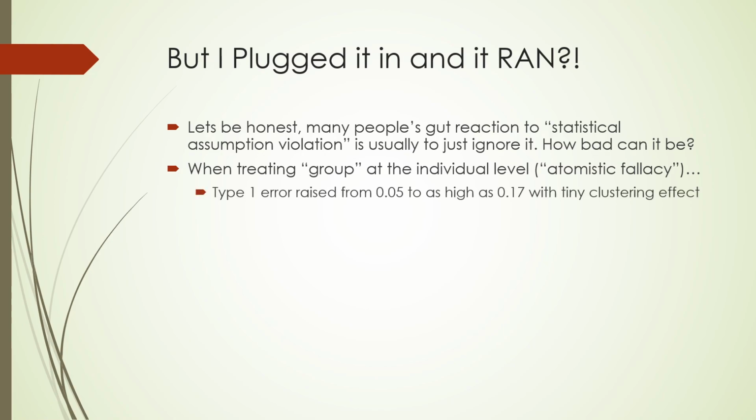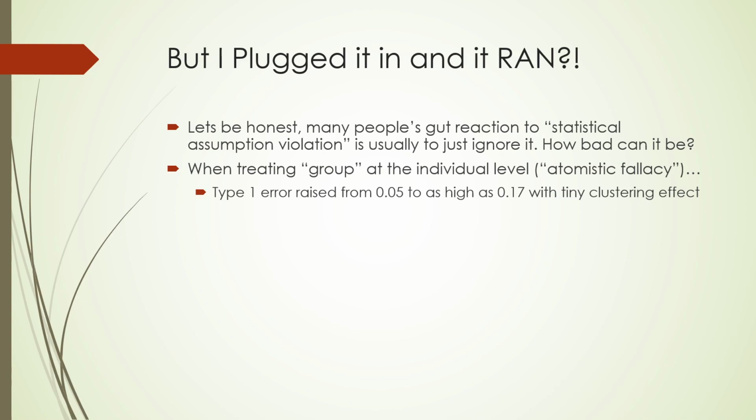Here, the type 1 error rate can be raised from 0.05 to as high as 0.17 with a relatively small clustering effect. So what does this mean? This means that when I'm comparing to my 0.05 cutoff, and I think that I'm only making an error 5% of the time, actually, even comparing to that 0.05 cutoff, it turns out I'm making an error 17% of the time, even if the cluster effect is relatively minor.